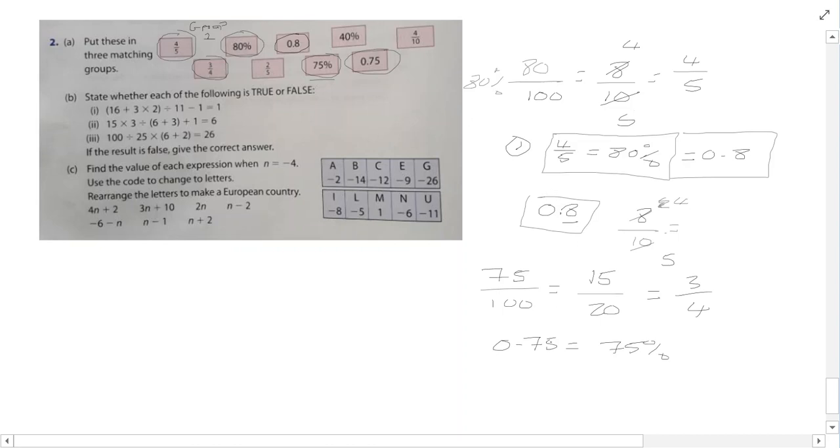So we can include those three. So another group would be 3 over 4, which is equal to 75%, which is equal to 0.75. Okay, so that would be our second group.